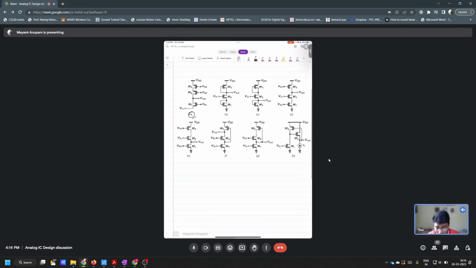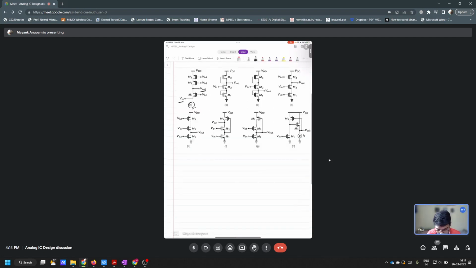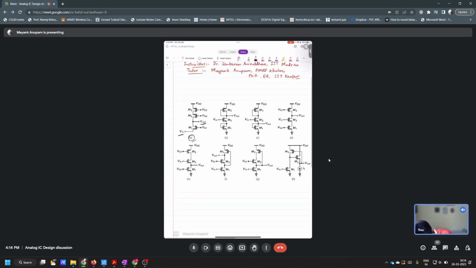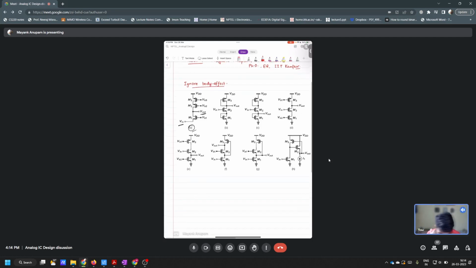I want to find the small signal gain between this input to output. So let's solve it. And for all these questions, ignore body effect, but you have to consider channel length modulation, CLM.